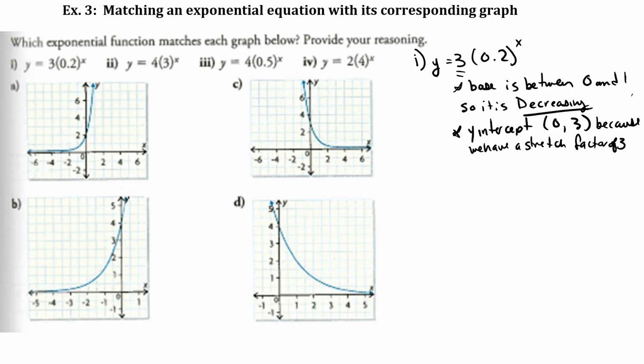So that means we have graph C, because it too is decreasing and it has the y-intercept at 3.